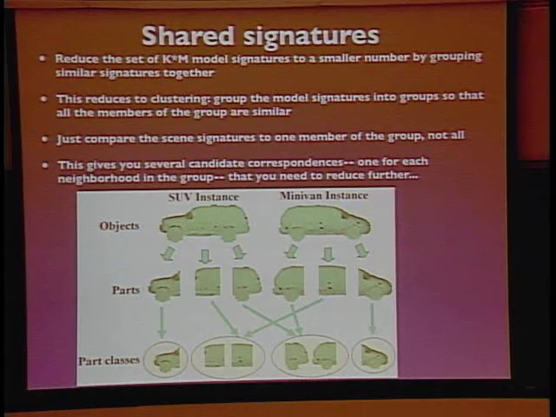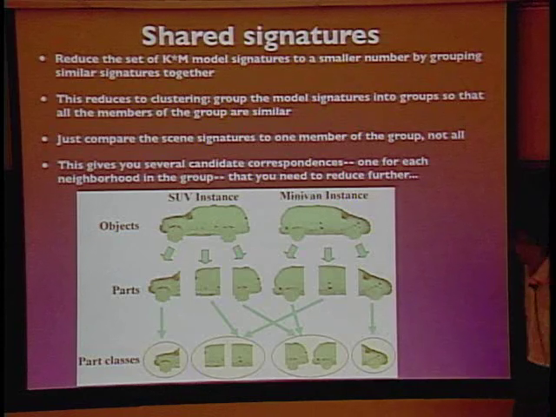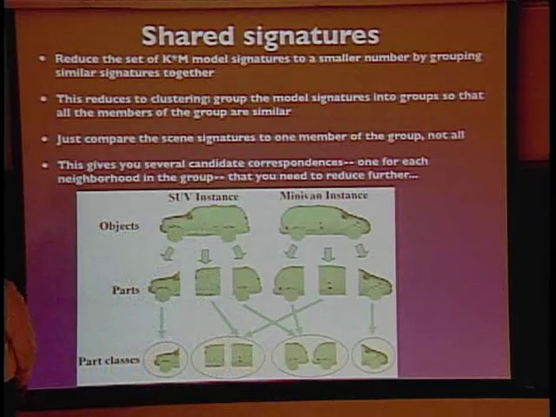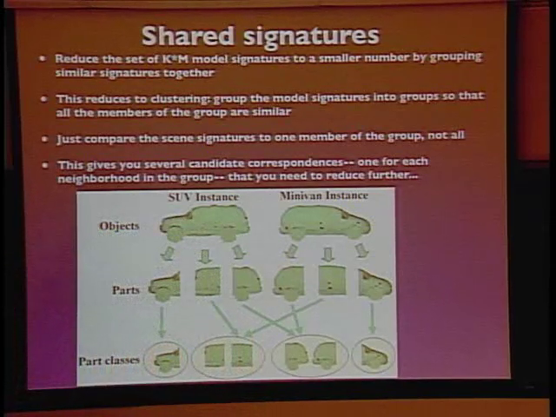The way I described it in the opening was that you would basically have one set of shape signatures for all of the SUV front ends, assuming that all SUV front ends are similar to each other, and a set of shape signatures for all SUV back ends, and that these would be distinct from the set of all shape signatures for minivan front ends and minivan back ends.